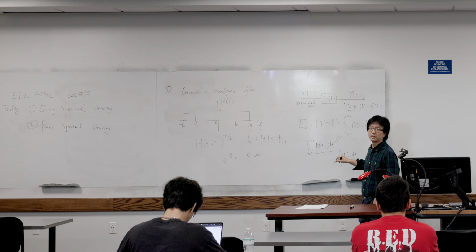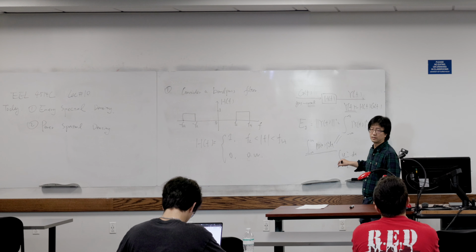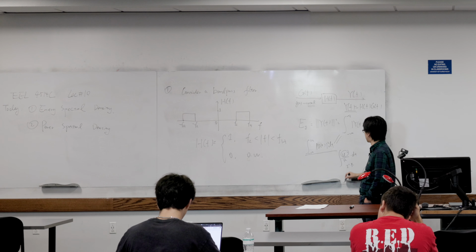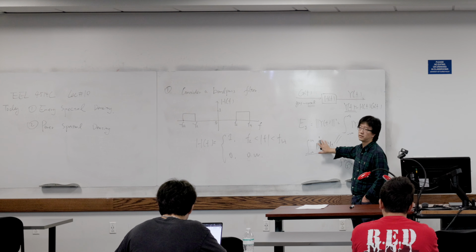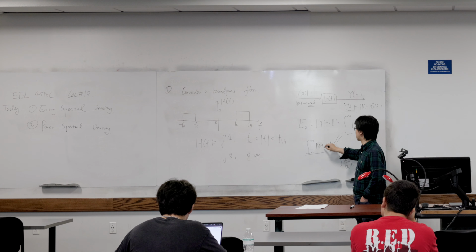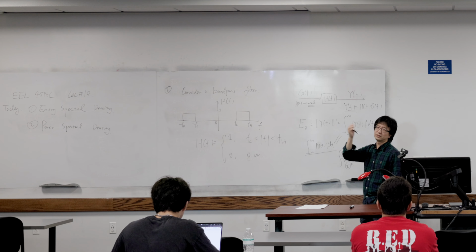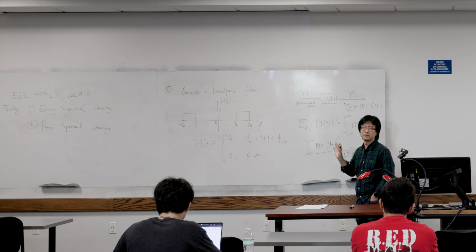Or the current squared multiplied by R, and then you integrate that. Whether you use voltage or current, it's always a square relationship, and that's what we're doing here. If you divide by a constant or multiply by a constant, that will be your energy, but it's a constant, we don't care. Then we define that as energy. Does that make sense?